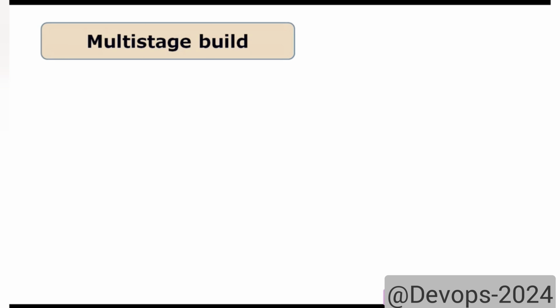Let's say I want to create an image for a Java application. As I told, we clone the code from the source code repository and build the application. Whatever output comes out, we call it an artifact, which is also called a binary.